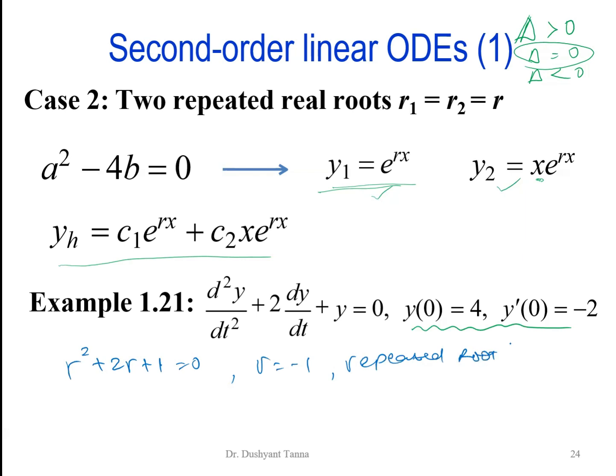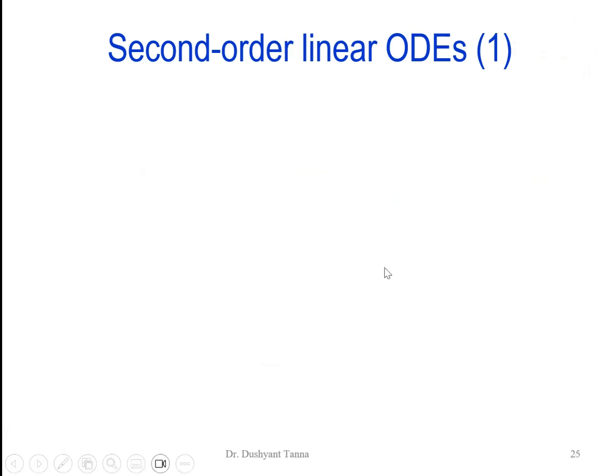Okay, r1 and r2 is a repeated root. So my YH, as I have here, the YH part is C1 e raised to Rx plus C2x e raised to Rx.